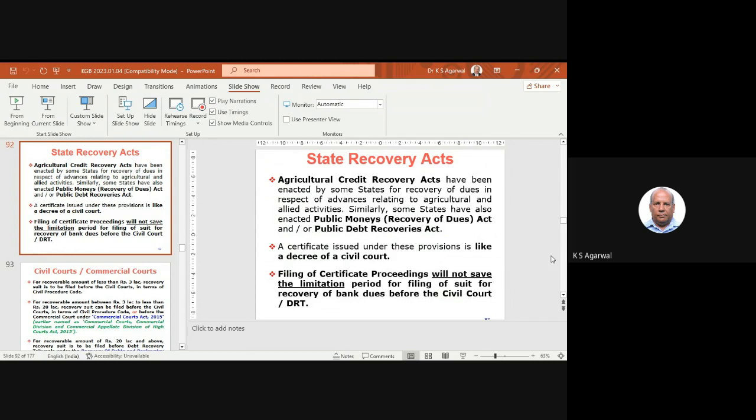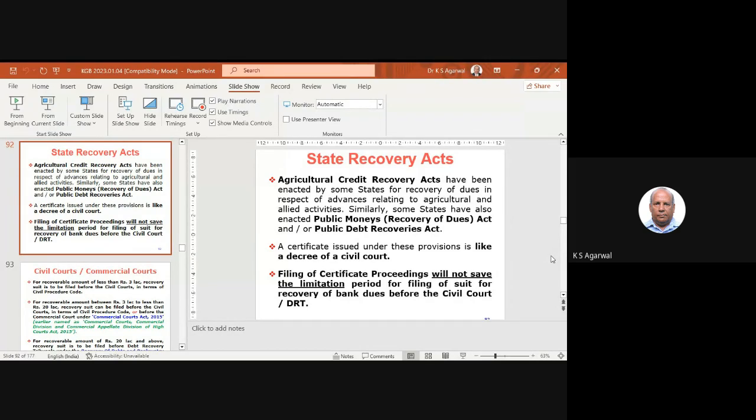So here, manager issues the recovery certificate, gives it to the revenue authorities. So some revenue officer goes to the borrower, recovers the money, deducts some amount and deposits the balance with the bank. Normally 10% amount is retained by the state government and balance is deposited with the bank. So we can use this State Recovery Act for the purpose of recovery of our NPAs.